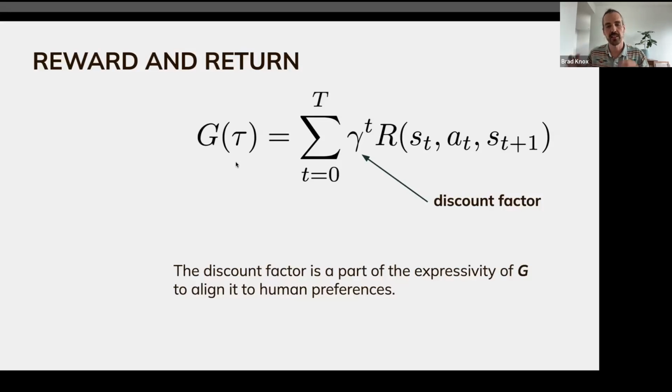And given that there's a definition of alignment is that G should create orderings over trajectories and distributions over trajectories that match human orderings, then essentially you can consider the discount factor, or whatever discounting you use, to be a form of expressivity to express that preference ordering through G.